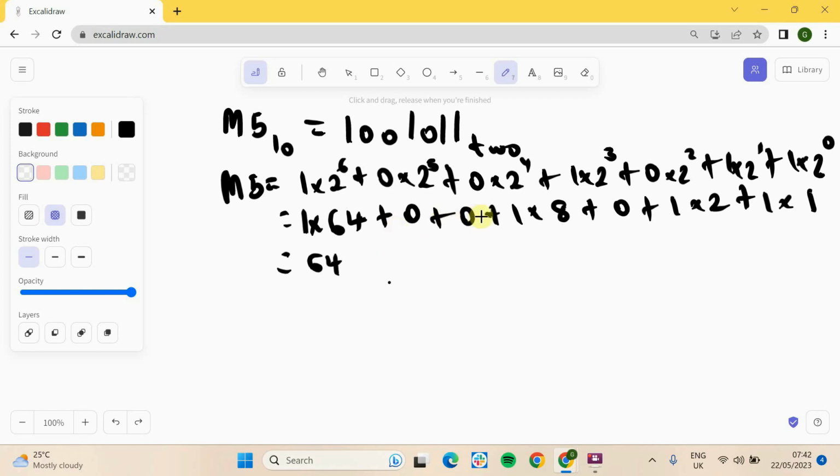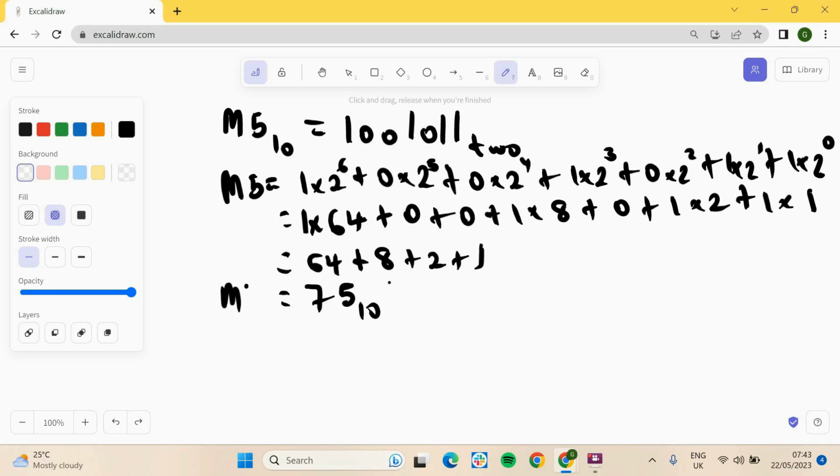All these zeros, I'm not interested in them. Plus 1 times 8 is 8 plus 1 times 2 is 2 plus 1 times 1 is 1. So this 64 plus 8 is what? That's 72, right? 72 plus 2, that is 74. 74 plus 1, that is 75 in base 10.